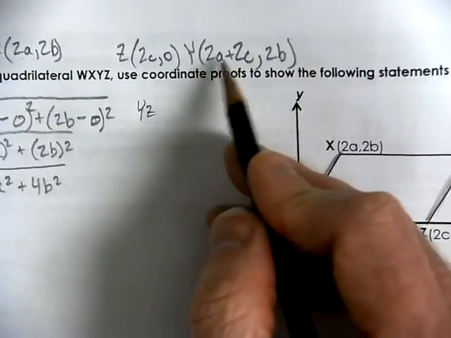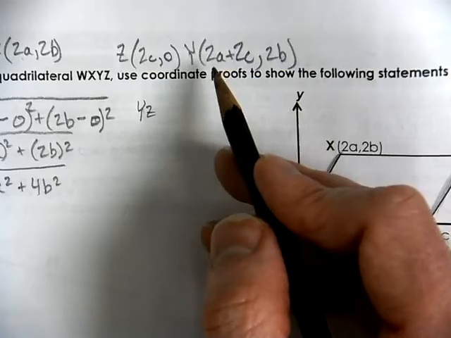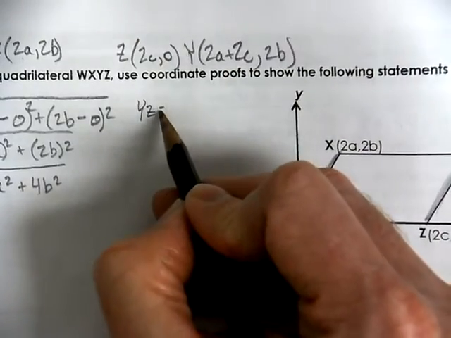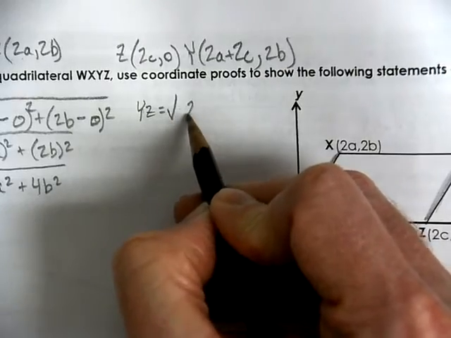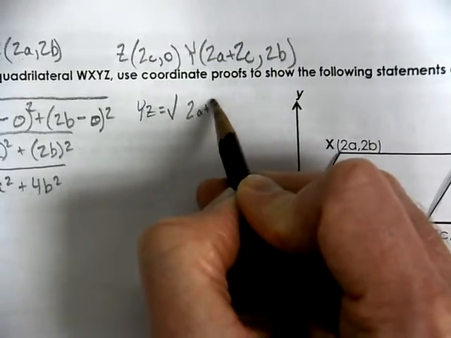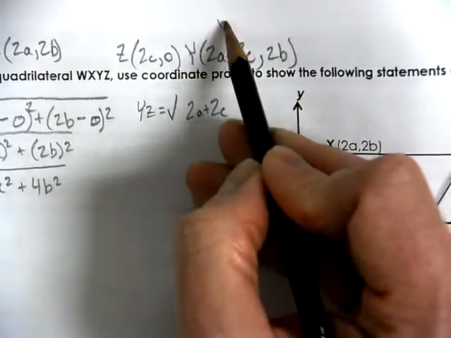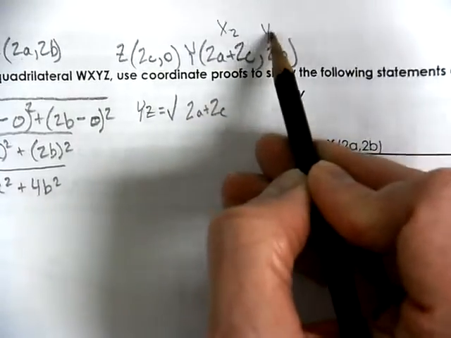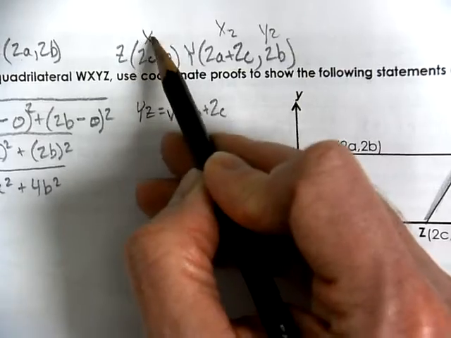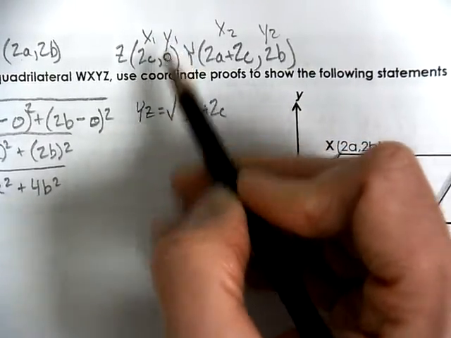A little bit more complicated here, having the two terms. But we just do the same exact math. We'll consider that X2, and this to be X1, Y1, with Y being X2, Y2.